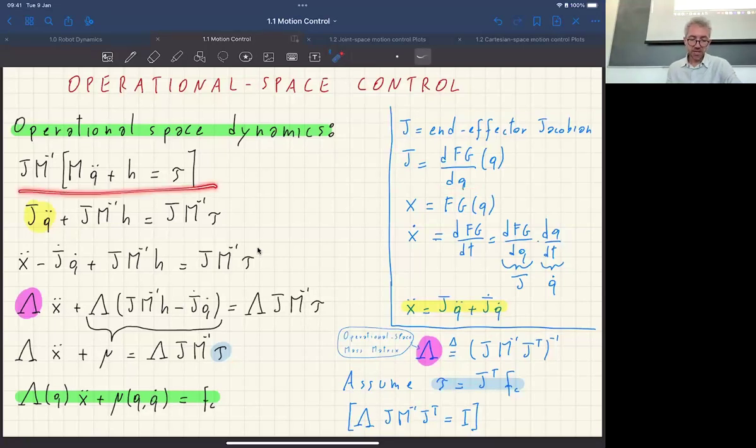So if you do this multiplication on both sides, what you get is J q double dot plus J M inverse h equal J M inverse tau. Nothing surprising here. The only thing that happened is that M inverse times M equals the identity, so I removed it.